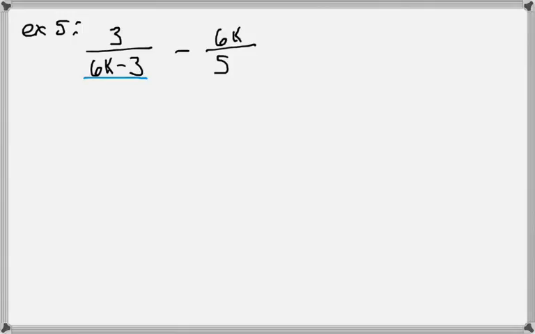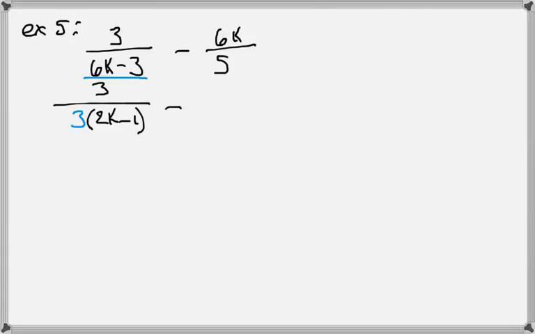I see that in that denominator I can go ahead and factor out a 3, and that would leave me with a 2k minus 1. Let me change color here. So I factor out the 3, and that would leave me with a 2k minus 1. And in the top I still had the 3 that I had not touched.